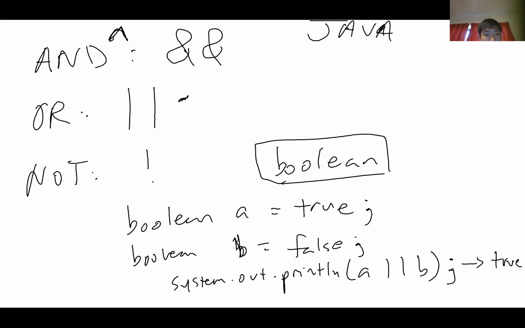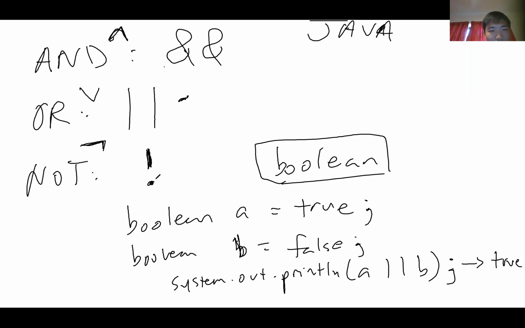Sorry, what? Is that the and symbol or is that the or symbol? That is. Oh, that is the and symbol. I just got confused. Sorry, that was my fault. Yeah, so this is the logic symbol for and. Okay, this is the logic symbol for or, and this is the logic symbol for not.